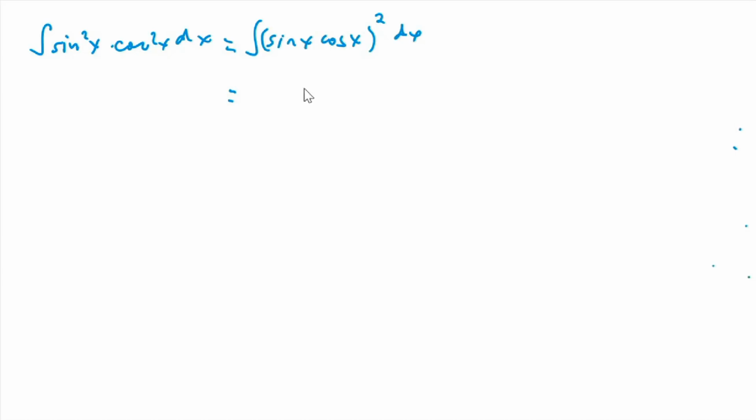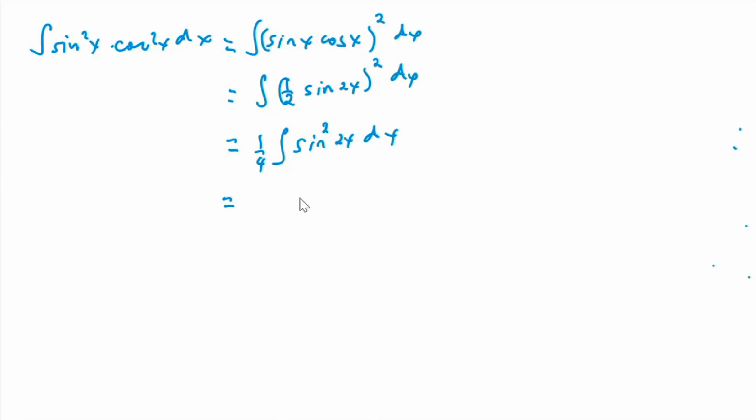And then using the half formula of sine x cosine x, we can write 1/2 of sine 2x, the quantity to the power of 2 dx. Simplifying this will give us 1/4 the integral of sine squared 2x dx.